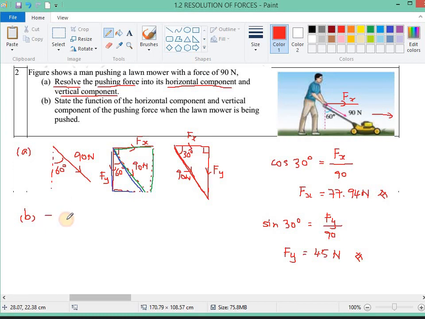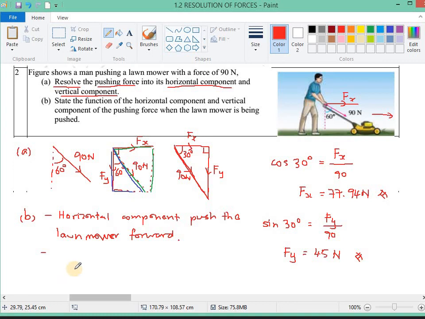So we answer: horizontal component pushes the lawnmower forward.